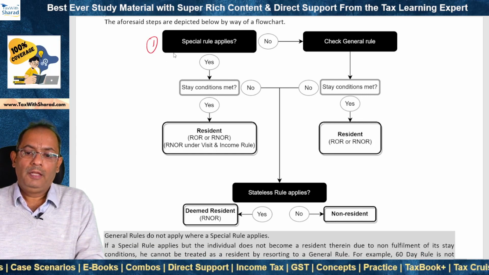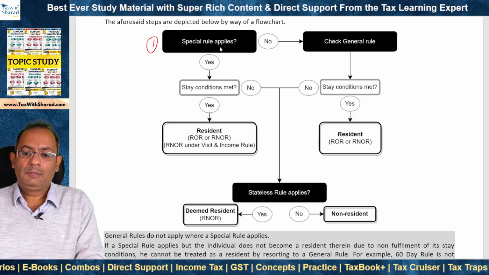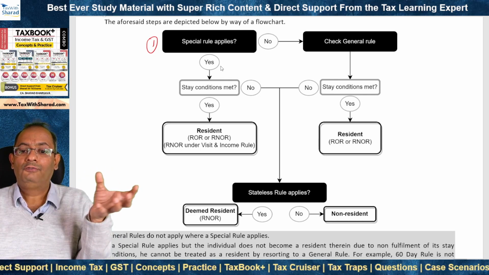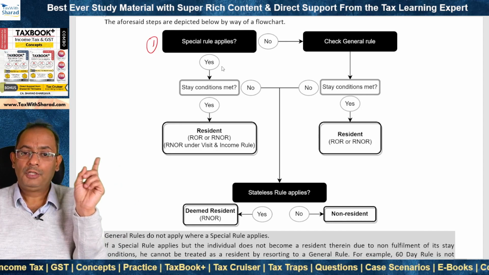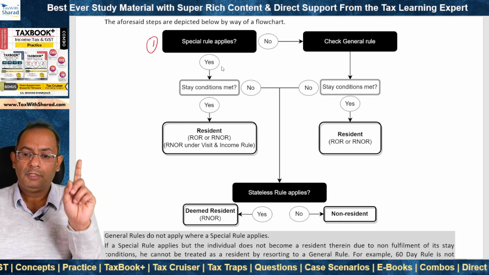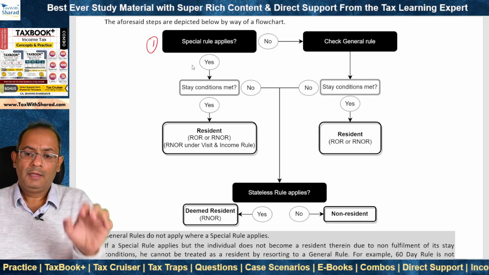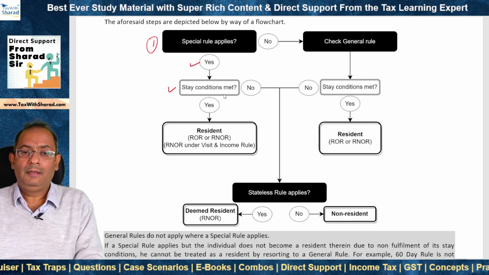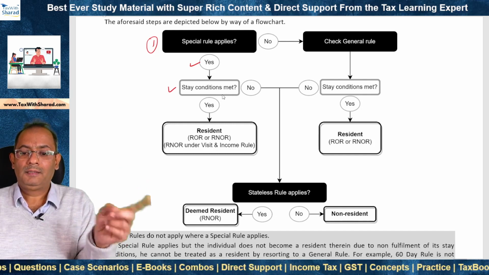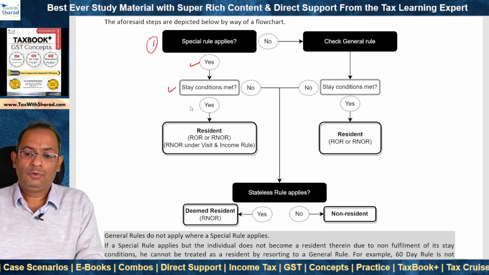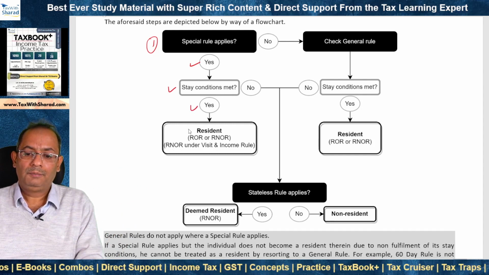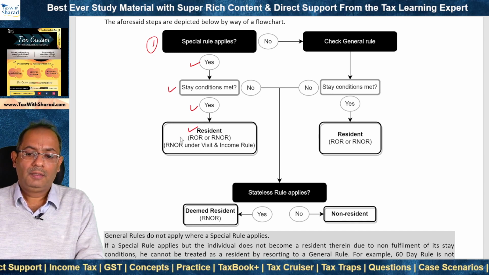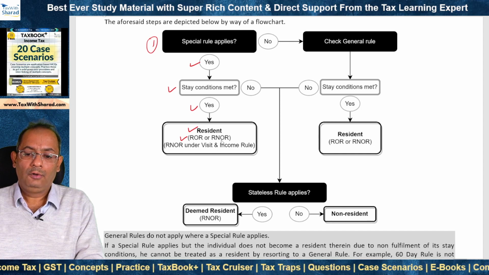So first of all, we need to check whether a special rule applies or not. That means whether a person satisfies the criteria of falling within the special rule, ship crew rule or employment rule or visit rule or visit and income rule. If yes, then we need to check the stay conditions, the basic stay conditions and the secondary stay conditions. If those conditions are satisfied, then the person would become a resident under a special rule, and further ROR or RNOR.